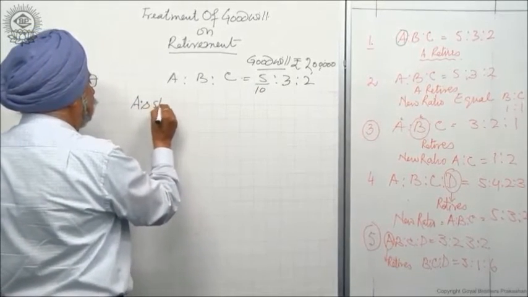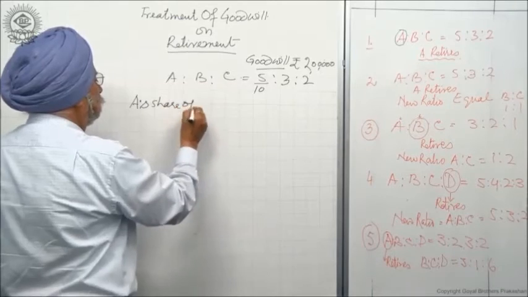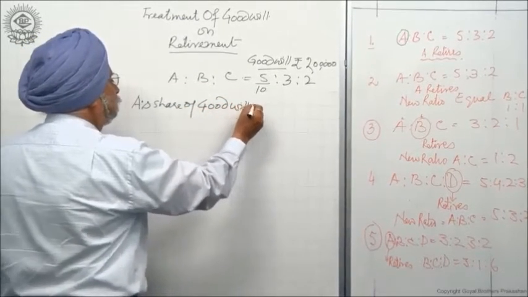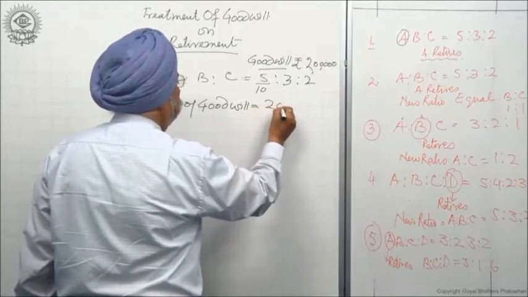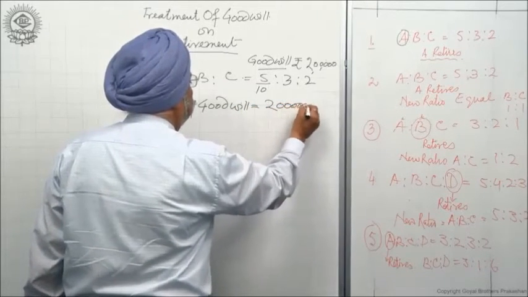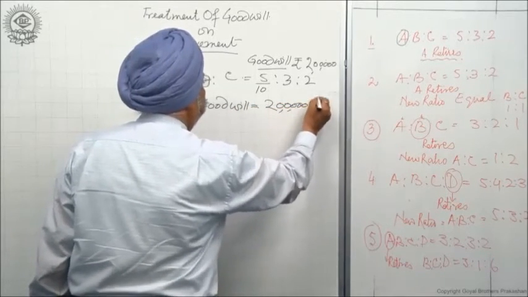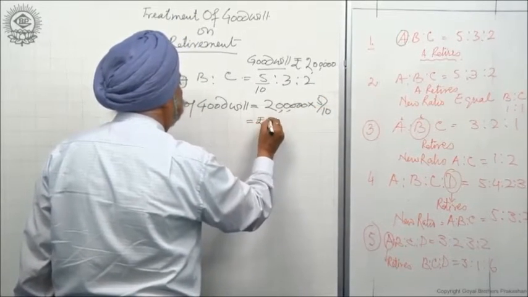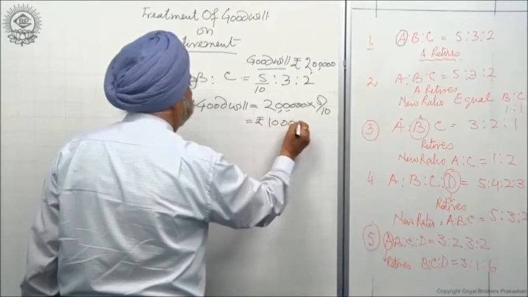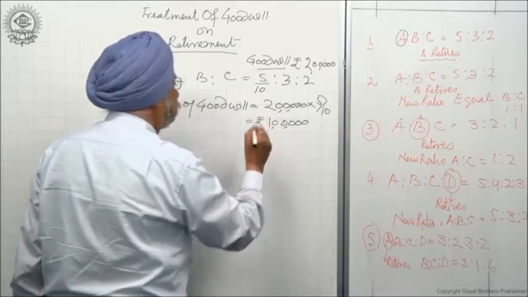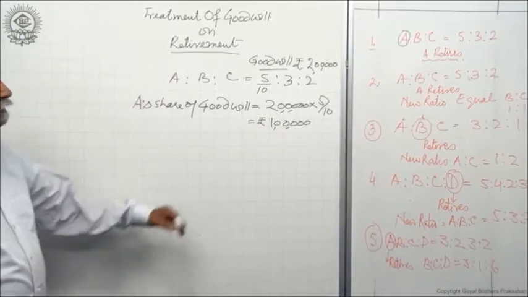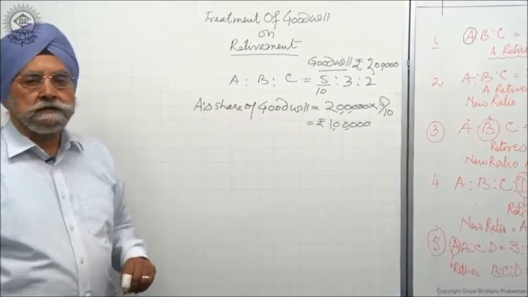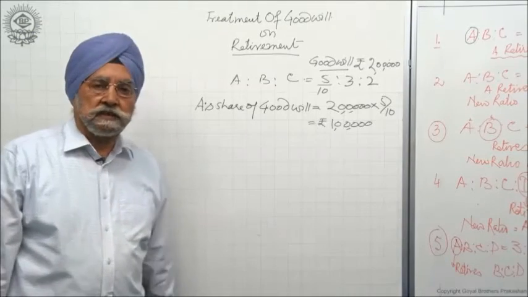A's share of goodwill is equal to 2 lakhs multiplied by 5/10, which is equal to 1 lakh. This is A's share of goodwill. This has to be given to A because he is losing his share.